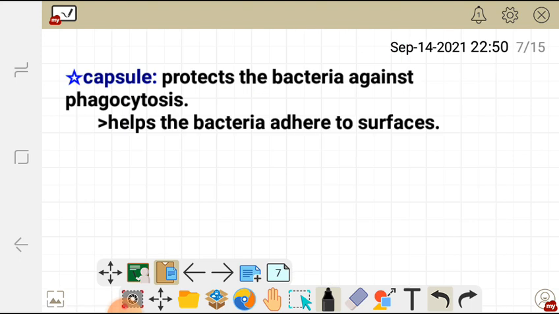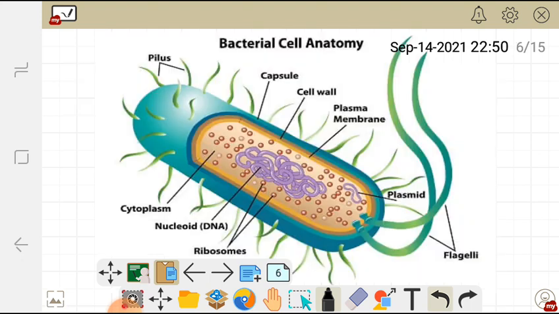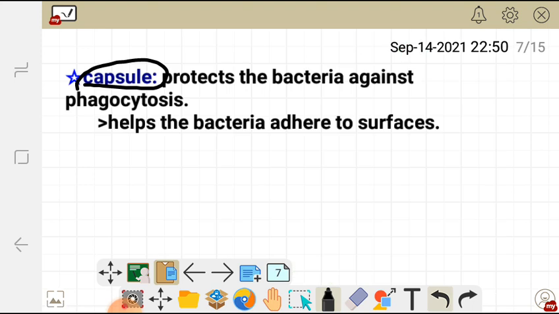From there we have the capsule. The capsule is that part there, the outer layer of a prokaryotic cell. Its function is to protect the bacteria against phagocytosis, which is the process of engulfing.